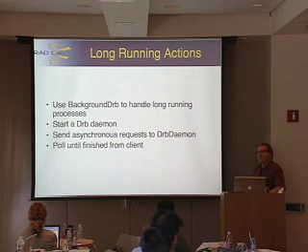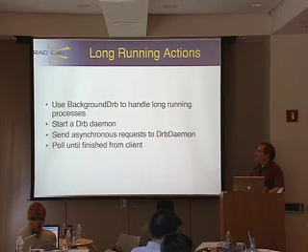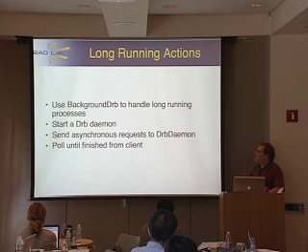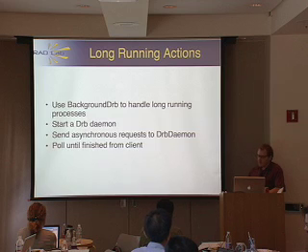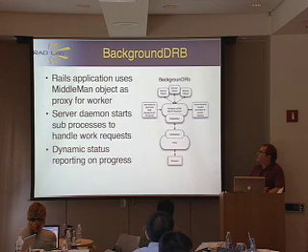Well, you can offload processing to background workers. BackgrounDRb uses something called Distributed Ruby, DRb, which is a very simple method of sending Ruby objects and calling remote methods. And there are tie-ins to Rails itself for being able to check whether something is done and check for progress.